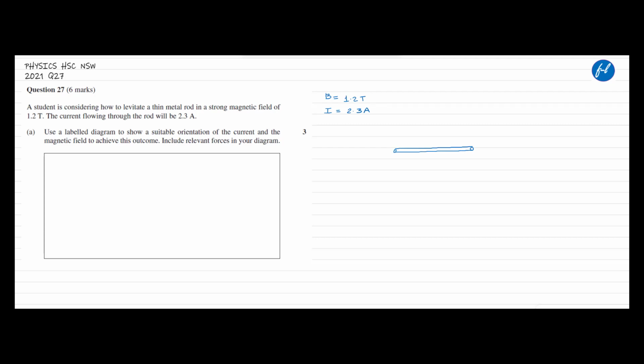And when we say it has to be lifted up, the force of levitation has to be acting in the upward direction. This is the direction of the force. And it is carrying a current.